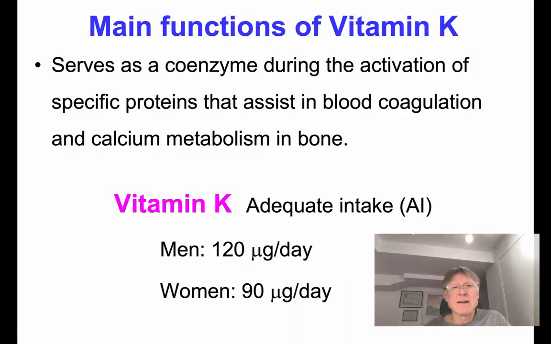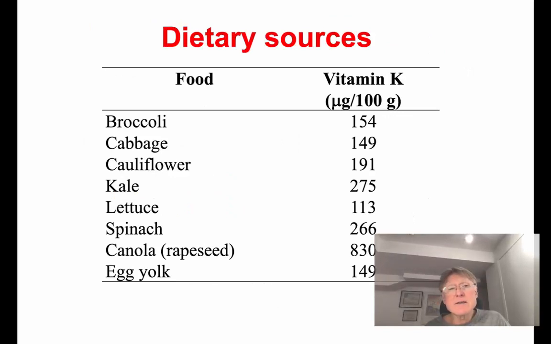Again, 120 micrograms per day for men and 90 micrograms per day for women. Now, if you look at the dietary sources, it's very easy to acquire vitamin K. If you eat broccoli, cabbage, cauliflower, kale, lettuce, spinach, if you use canola oil, or if you eat eggs, all of them provide pretty much, with the exception of canola oil, spinach and kale that have a lot more, the other ones you can get way more than you need, either as a man or a woman.